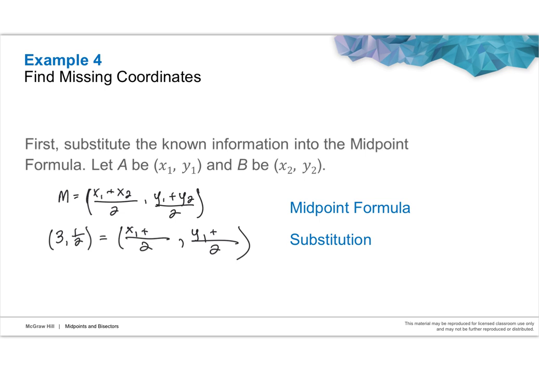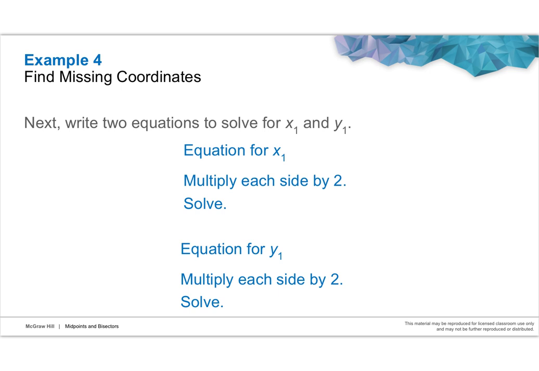We don't know A, because that's (x1, y1), but we do know the coordinates for B, so we can substitute that in. Our x coordinate for B is 8, and our y coordinate is 3. So now we can write two equations in order to solve for the missing x1 and y1.